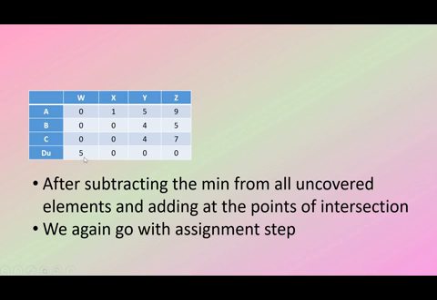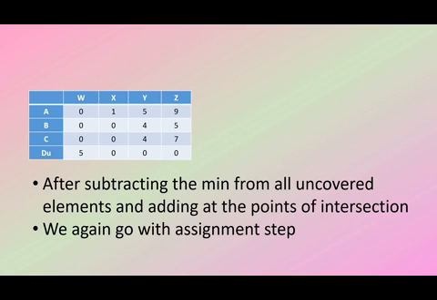At the point of intersection, here I am adding 5. So this becomes 5, 0, 0, 0. Fine. So now check whether all rows have zeros. Yes, we have zeros. Check whether all columns have zeros. Yes, it has. So there is no need for row reduction or column reduction. Straight away go to the assignment.